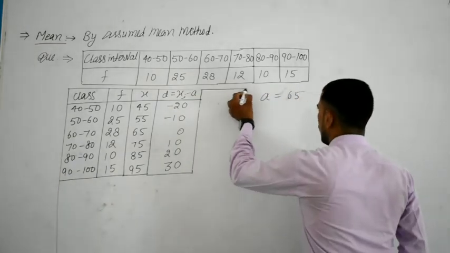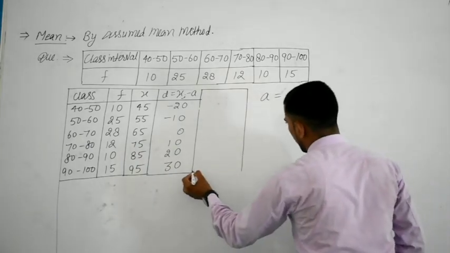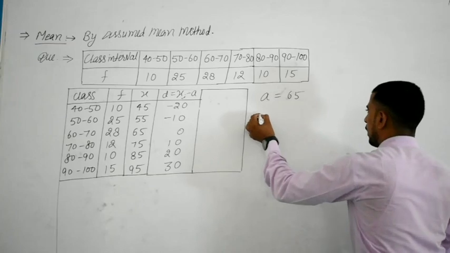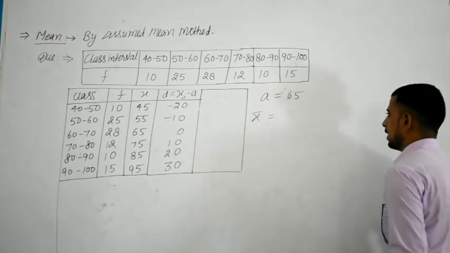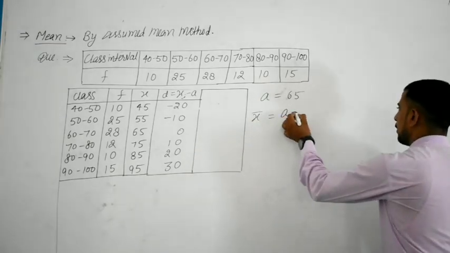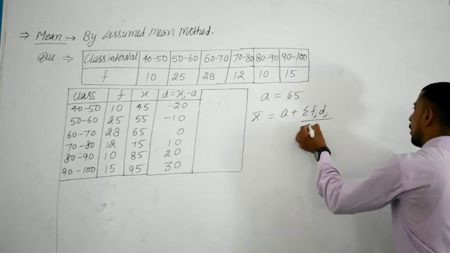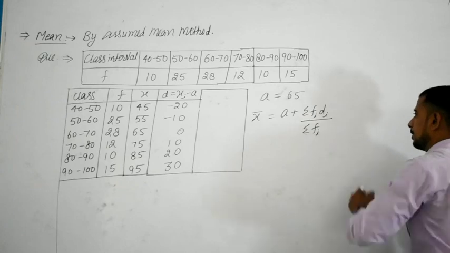Now find the value of fi di, because the formula of mean by the assumed mean method is equal to a plus summation fi di upon summation fi.